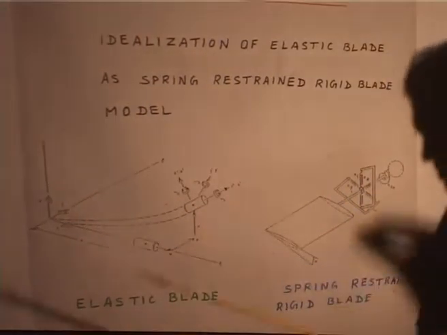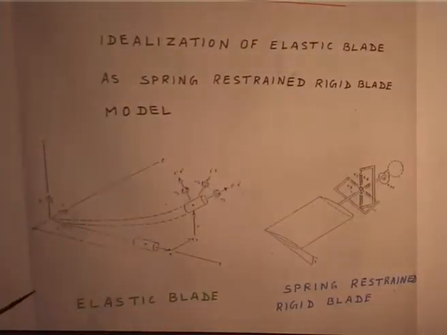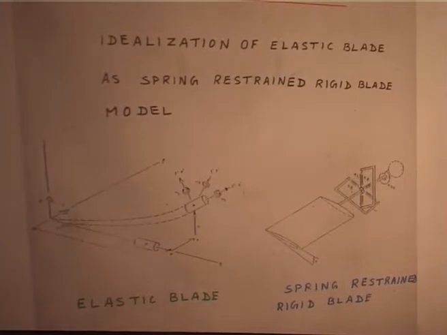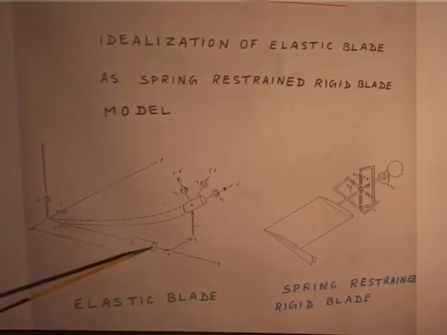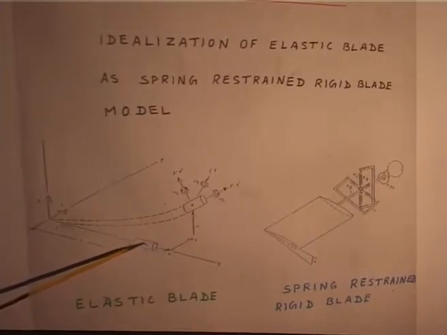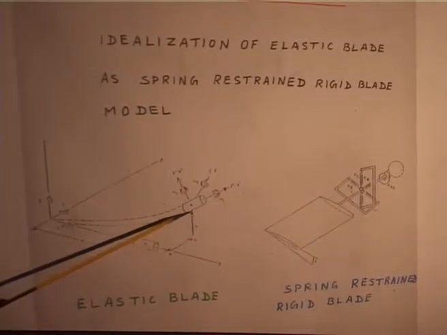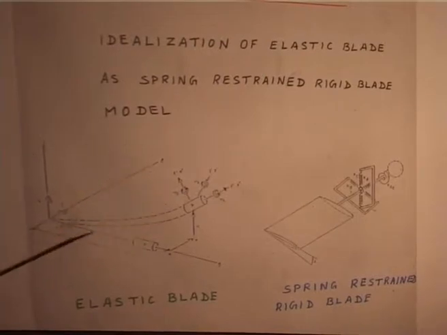I have shown here just for example, if you have a small element, because this is how we analyze structures, you take a small element of the blade, how does this small element deform during operation? This element can have an axial deformation U, a lead lag deformation V, a flap deformation W, and then it can have 3 rotations. Okay.